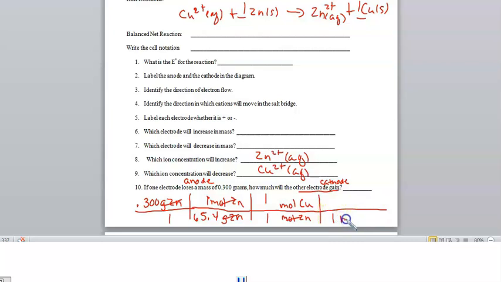So for every 1 mole of copper, remember anytime mole and gram go together, mole gets a 1, you're going to get 63.5 grams. So this is that mass calculation that you learned in Chem 1. So this would be 0.291 grams of copper. So close.